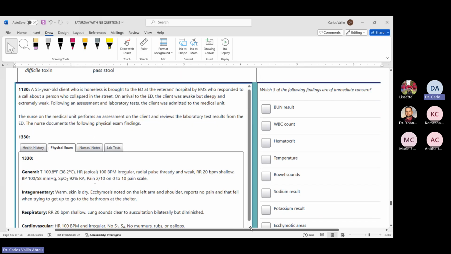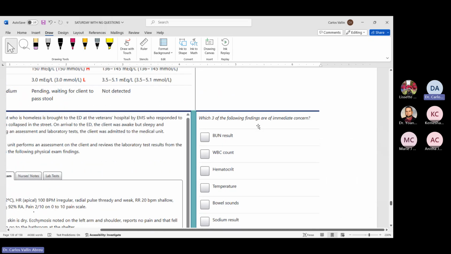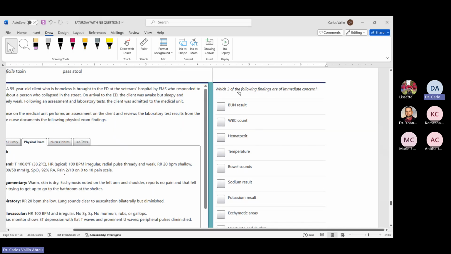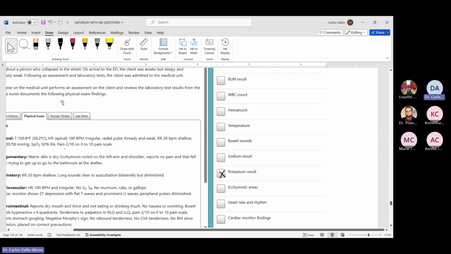Okay. Let's see, which of the following findings, three findings, okay, which of the following three findings, so we need to limit to three, are of immediate concern. So BUN, white blood cells, hematocrit, temperature, bowel sounds, sodium result, potassium result. Obviously, the potassium result is a very high concern, no?